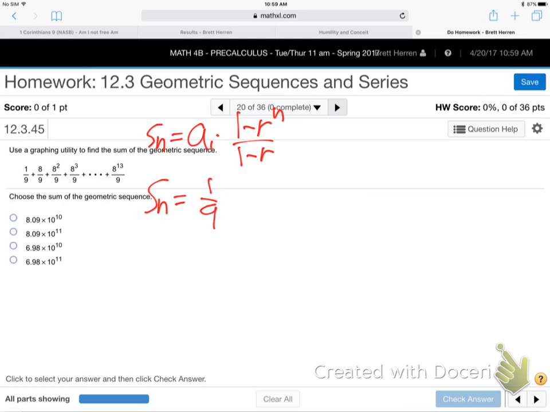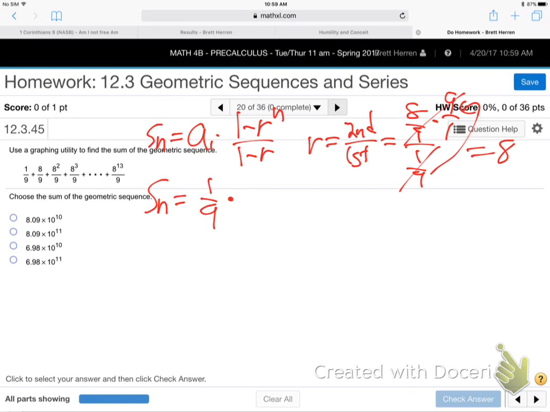A1 is 1/9 times. Can you tell what r is? It's 8, huh? If you're not sure, again, just go second term over first. It's 8/9 over 1/9. Flip up that 1/9 to be 9 over 1. And it's 8. Everybody okay with that? It's just multiplying by another 8 every time, isn't it? The 9 is a fixture. It's just there. But what's changing, jumping from term to term, is an extra 8 on the top. Good?